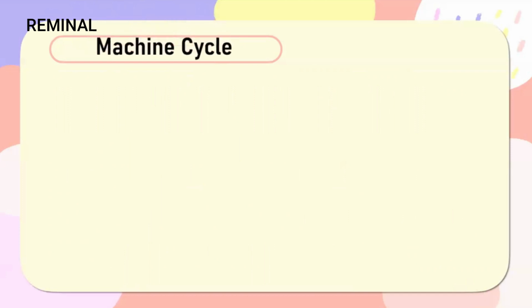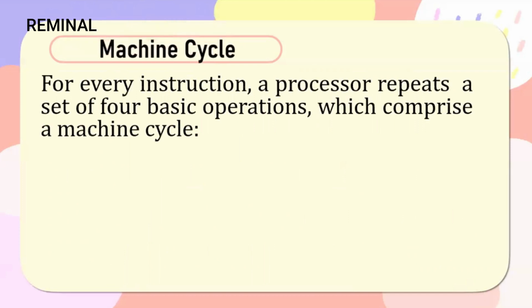Dito na pumapasok ang machine cycle na magbibigay sa atin ng instructions kung papaano nagagawa ng processor ang computations sa loob ng computer. Meron itong 4 sets of basic operations. Ito ang first, fetching is the process of obtaining a program or an application instruction or data item from memory.